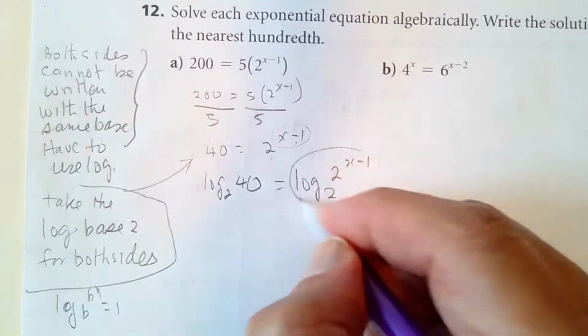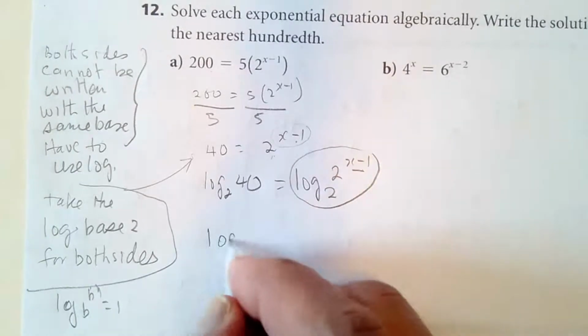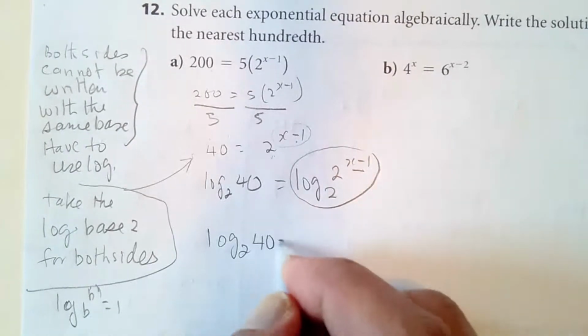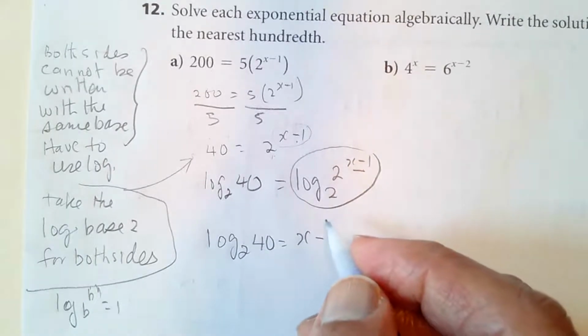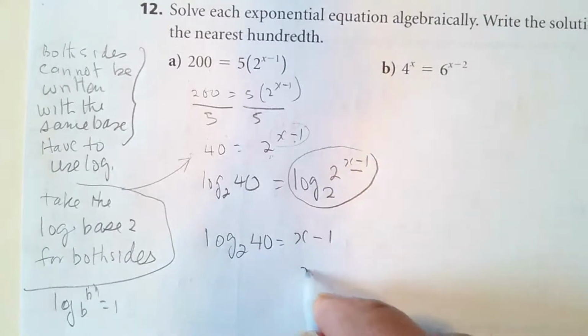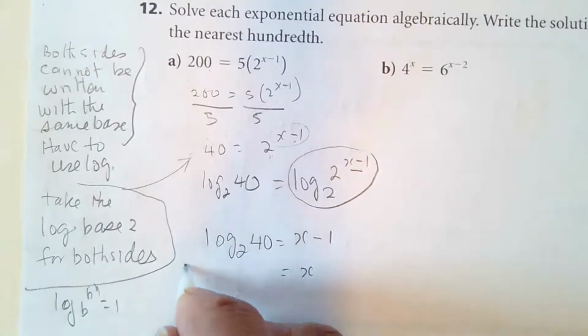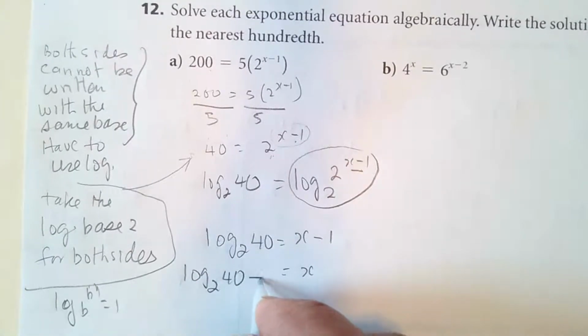All of this now becomes x minus 1. So log 40 is equal to x minus 1. Solve for x. So x is equal to log 2 40 plus 1.